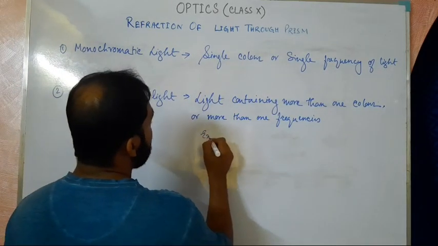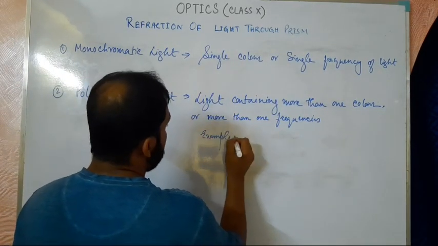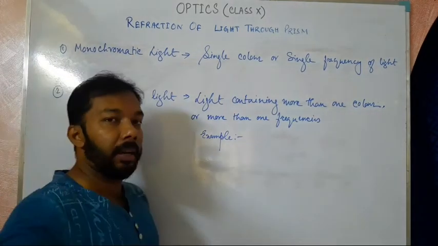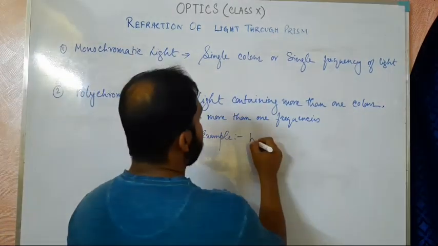Example, the light we are having on the board is a light coming from the tube. It's a white light.